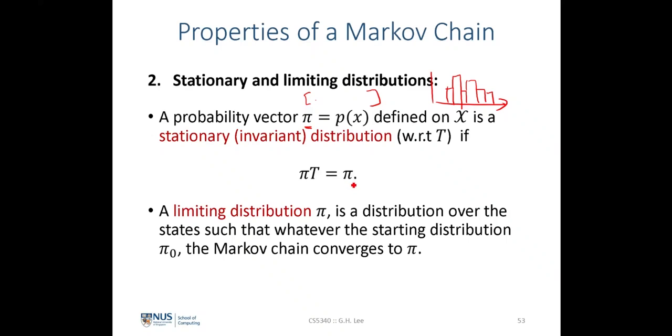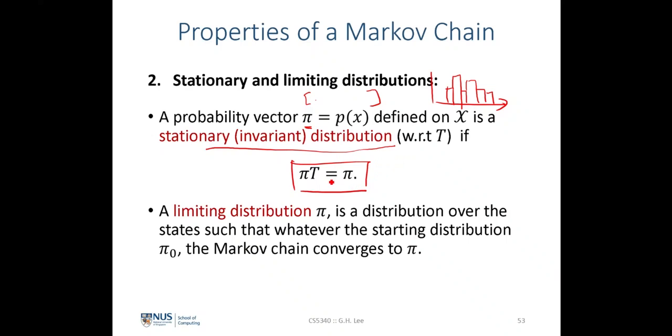This means that the probability vector defined on x is a stationary distribution if this particular condition is fulfilled. This means that we are going to transit the current probability into the next step, and it still ends up to be the same probability distribution or probability vector on the random variable.